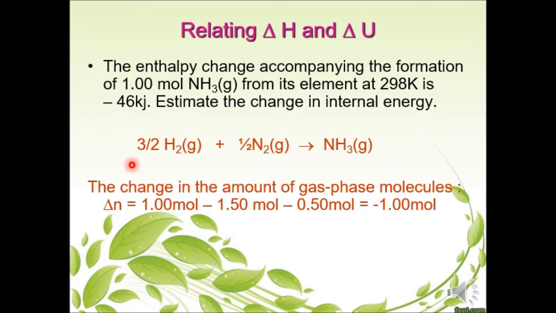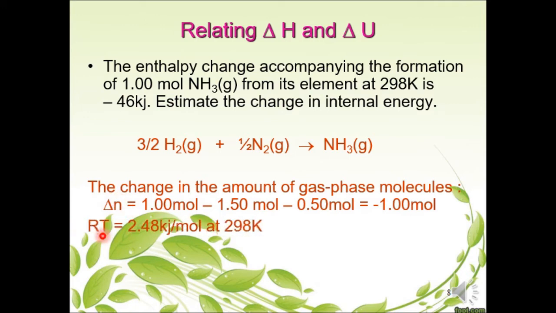So here we have half mole plus 1.5 mole, so 2 on the reactant side. Here you have 1. So product minus reactant, 1 minus 2, you get negative 1. That will be the change in number of moles.